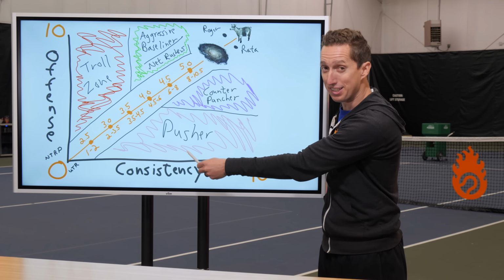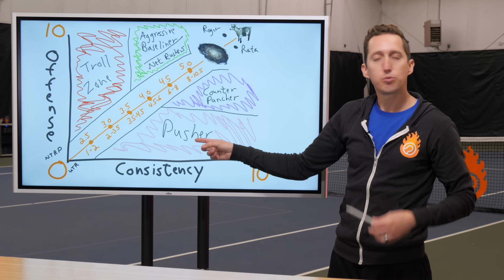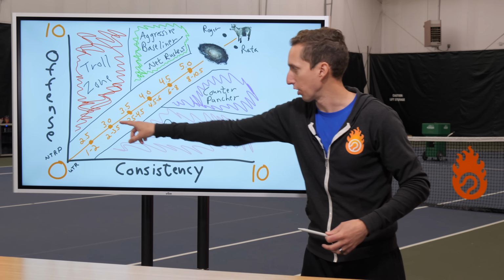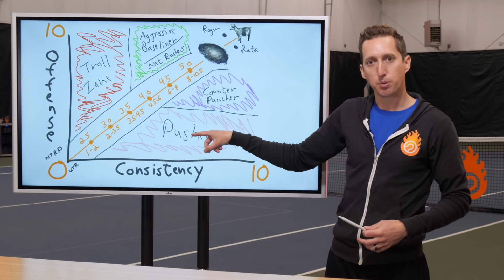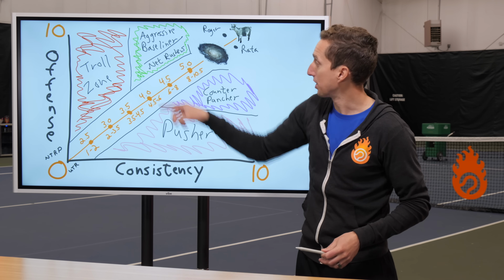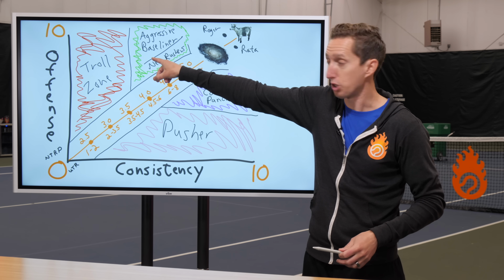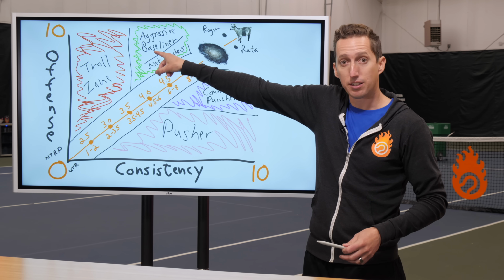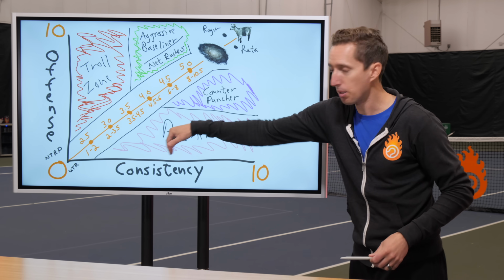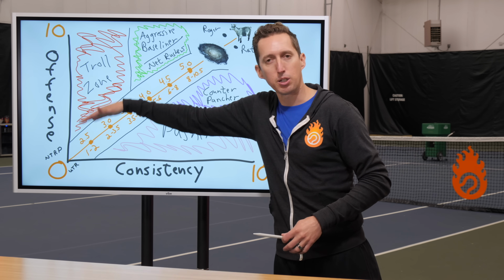If you love consistency and you don't care about weapons and you love winning lots of matches at 3.0 as a consistency player, awesome. That's incredible. And if you love attacking and you don't want to be above a 4.0 and you just love rushing the net or smashing groundstrokes, then awesome. It's fantastic. Don't worry about developing your consistency. And if you're a pusher and you love it, don't worry about developing your offense.